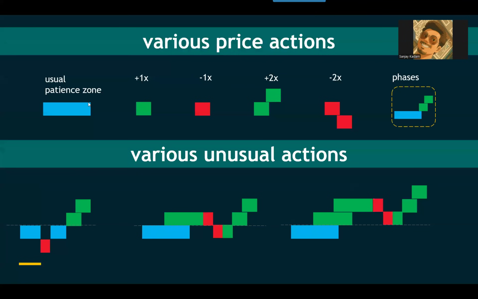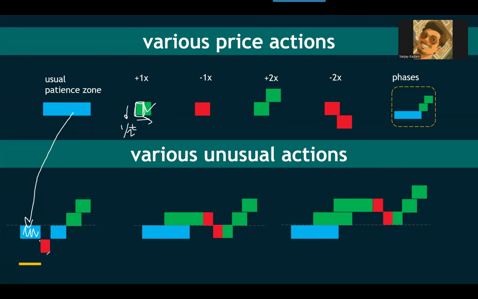Now what I am taking is a PZ, manipulating it, and I have reduced the time from that PZ, and then instead of this, I want to create a sharp move. So I am taking half portion of this. That means same distance, I have given a target to price, cover this distance in half of the standard time.